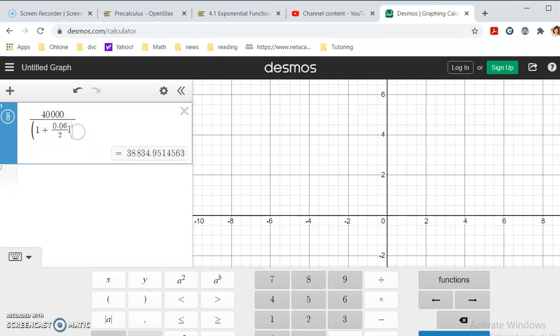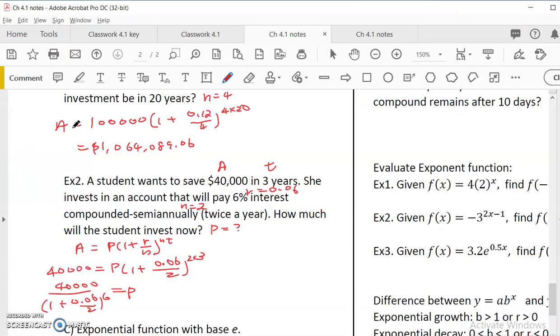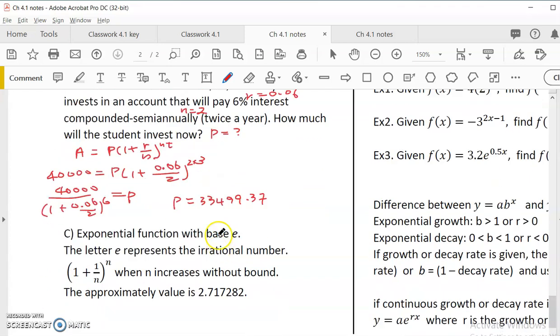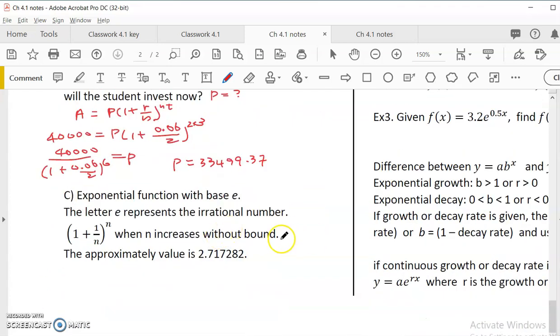To the power 6 here, to the power 6. So 33,499.37. So P equals 33,499.37. So you can see that the exponential function is very useful.